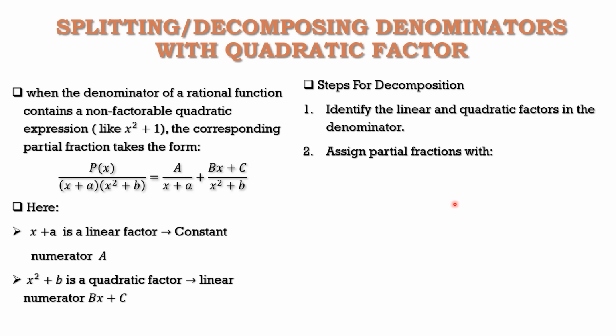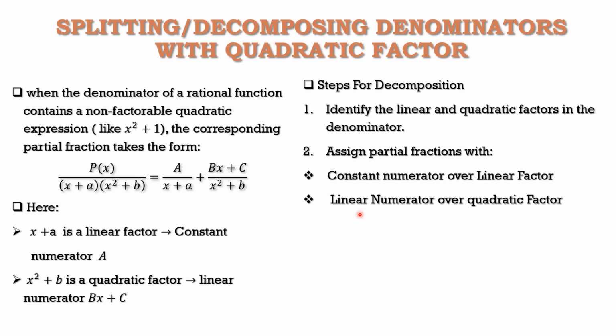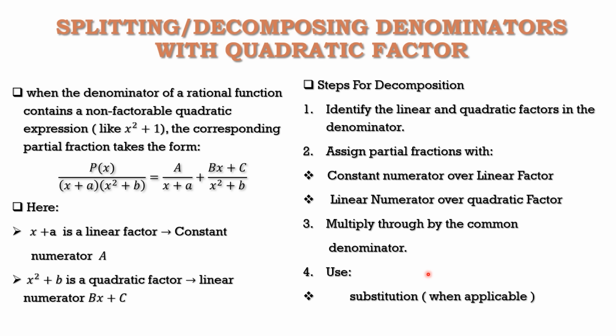Second step, assign partial fractions: a constant numerator over the linear factor, and a linear numerator bx plus c over the quadratic factor. Then third, multiply through by the common denominator. Use substitution when applicable or coefficient comparison to find a, b, and c.